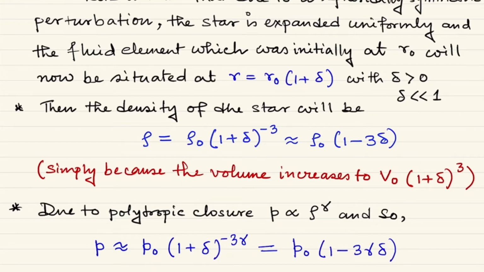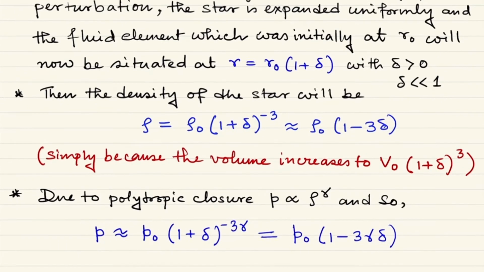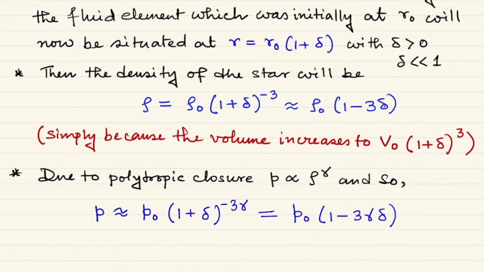So the final perturbed pressure variable is equal to the initial pressure variable times (1 minus 3 gamma delta), and that's true for every point of the fluid. This is just relating the initial set of variables and the later, current set of variables.